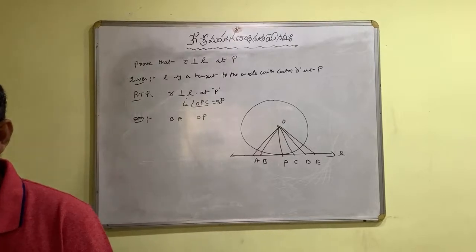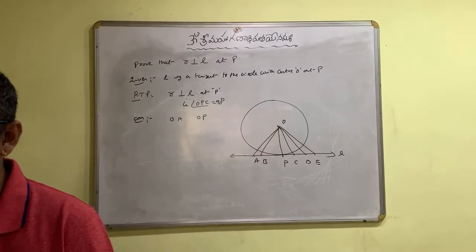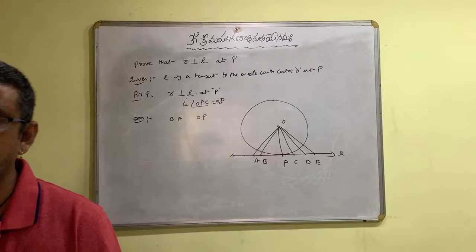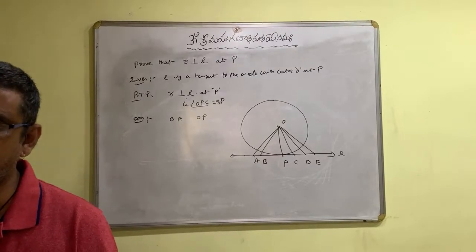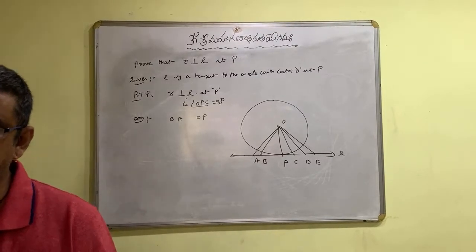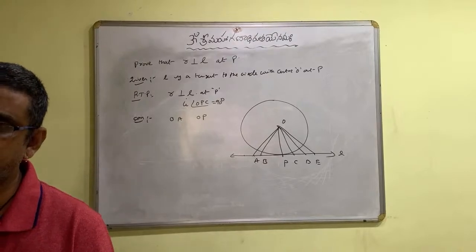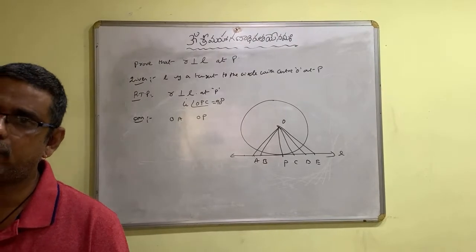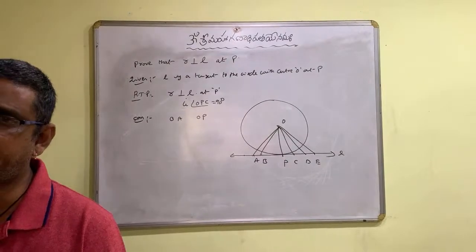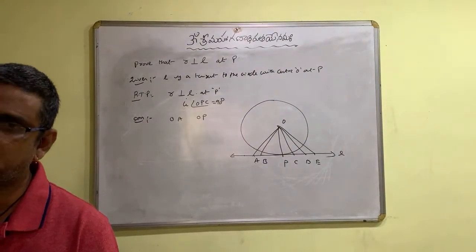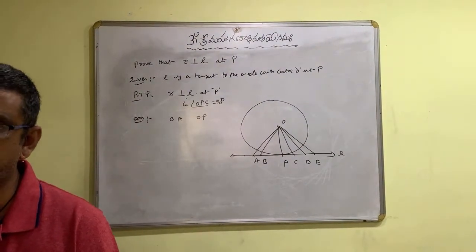Yes, OA less than OB. Lohitaksh, A is a point on the line other than P. I think A lies outside the circle according to the statement I told.